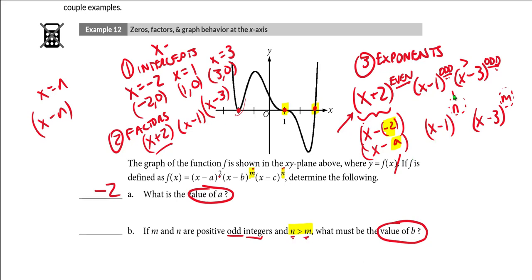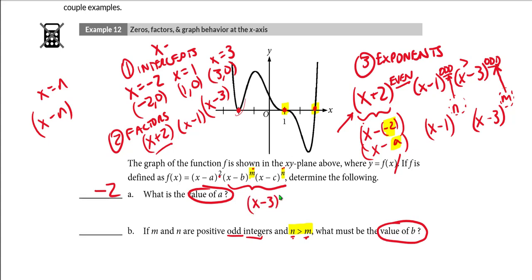That means that the n must correspond to the exponent on the x minus 1 factor, and the m must correspond to the exponent on the x minus 3 factor. So what's going on here with these last two factors is that x minus c with the n exponent must be the x minus 1. So really we're just doing this.